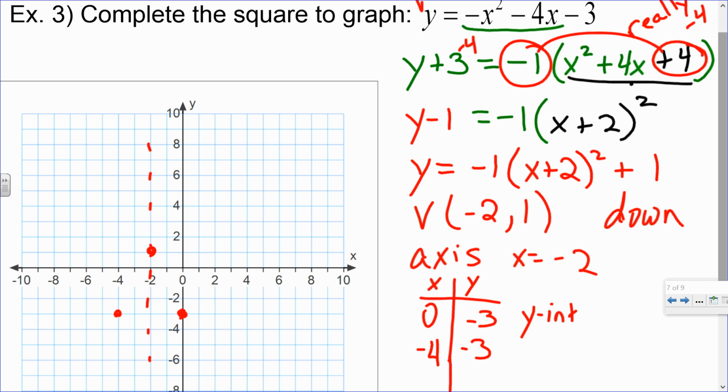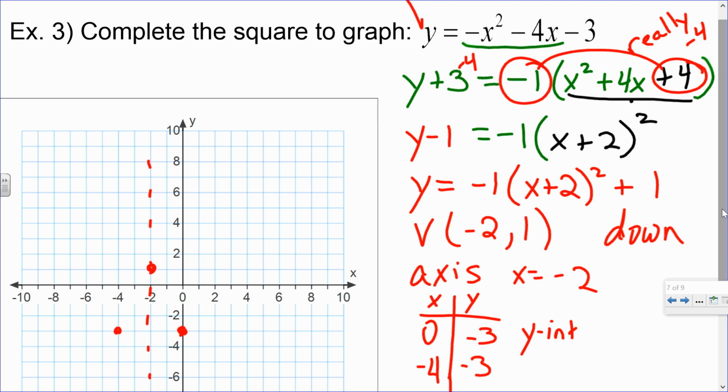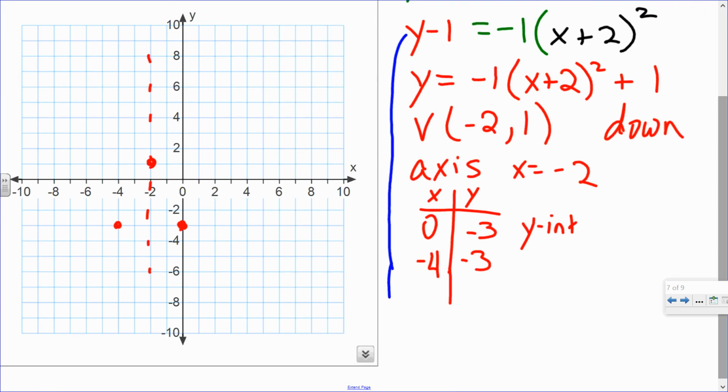Got my vertex here. Then we probably ought to get our x-intercept as well, right? So for our x-intercept, the easiest place to go is where you still have y plus or minus something. So for the x-intercept, y is 0.